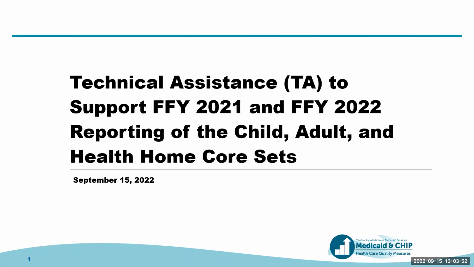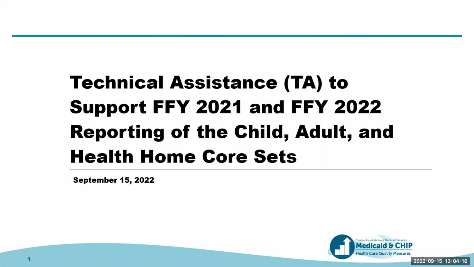CMS does plan to publicly release both the 2021 and the 2022 child and adult core set data products in September of 2023. While today's webinar contains lots of great information to help support states in their reporting of the core sets, we also wanted to encourage states to enter some stratified data and work towards reporting more in the future.